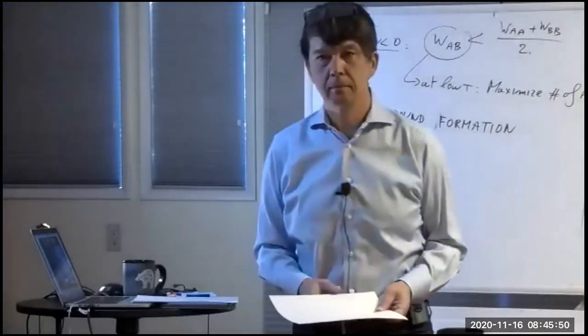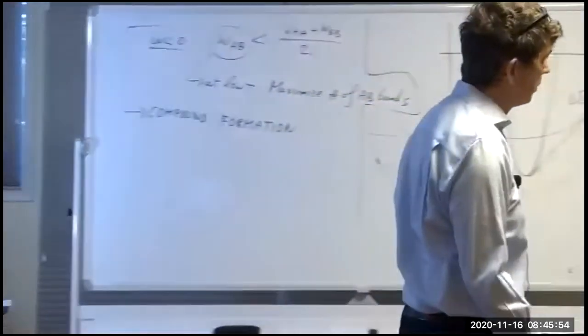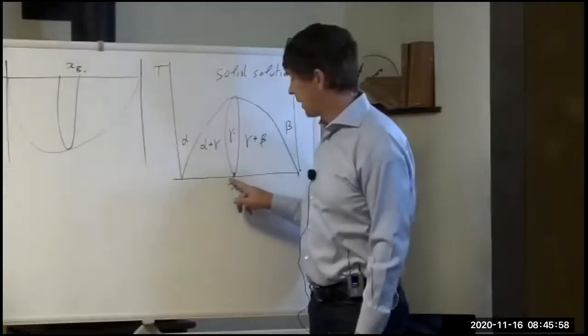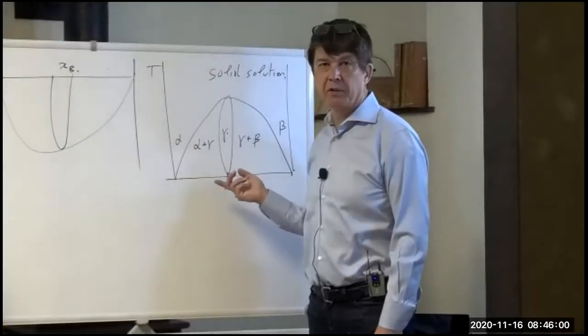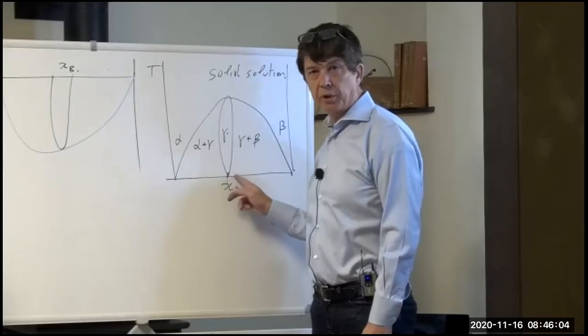Why at the very bottom of that phase diagram did you bring the gamma to a point? Oh, here? Yeah, because you cannot create disorder, because you would be creating entropy.